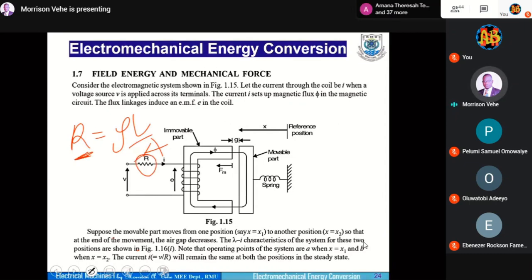We can also say let this I be a certain value because I need a certain magnitude of flux, a certain number of Webers. So I can use R to tell the state of the current, which in turn will give me a proportionate amount of flux. Are you with me?